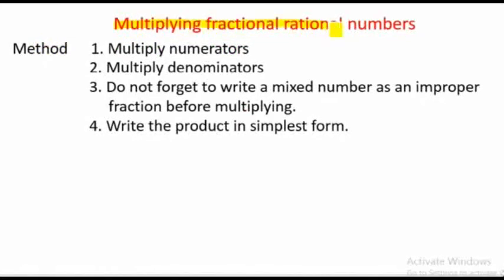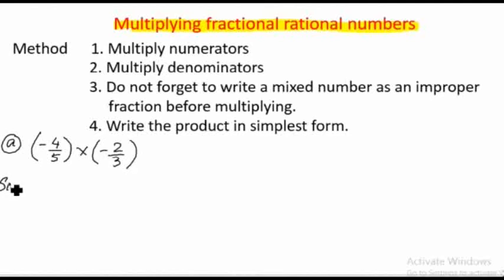Multiplying fractional rational numbers. Now let's try to understand here with few examples. First example, minus 4 by 5 into minus 2 by 3. So first we write minus 4 by 5 into minus 2 by 3.